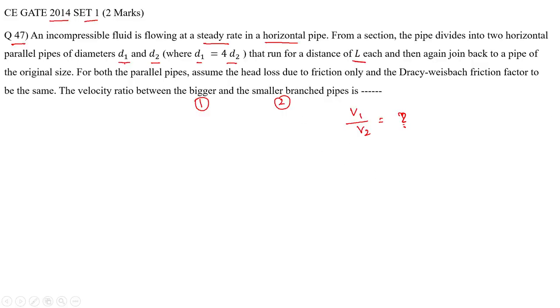Can you guess how we can solve? So the question is as follows: there is a pipe. Suddenly, they divided this pipe into two sub pipes.